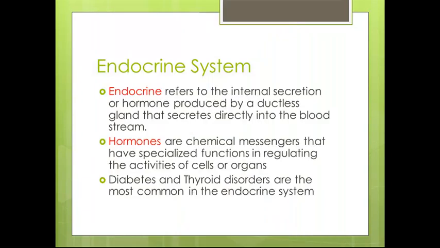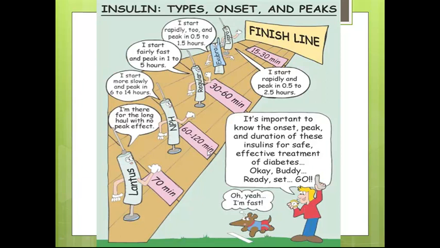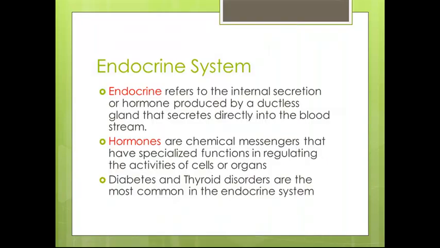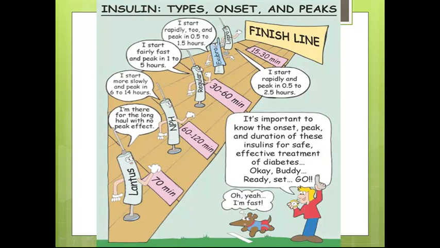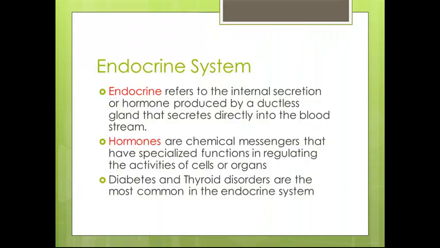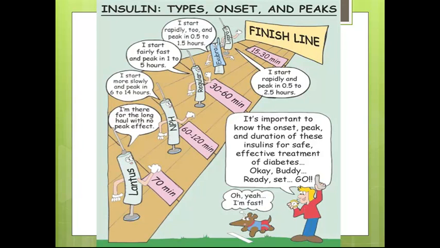Insulin types, onset, and peaks. A little cartoon shows you that Lispro is fast-acting, acts rapidly within 15 to 30 minutes, and peaks within half an hour to 2.5 hours. Regular starts fairly fast, around 30 to 60 minutes, with a peak of 1 to 5 hours. NPH is our intermediate, starts more slowly, with a start of about 60 to 120 minutes and a peak around 6 to 14 hours.